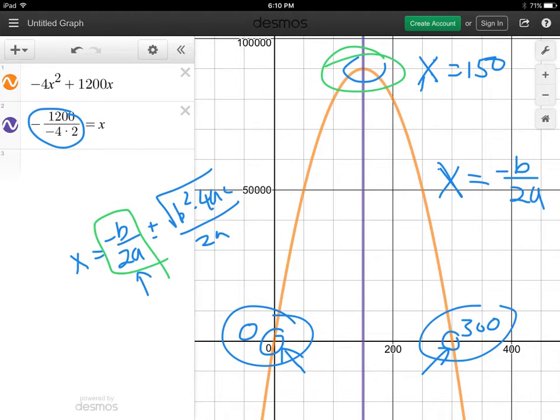If you have a graphing utility, in other words, a graphing calculator, and you wanted to graph this, notice the scale is enormous at this point, but you could just put this in y1 is equal to negative 4x squared plus 1200x. You're going to have to set your window so you can see the entire graph nicely.